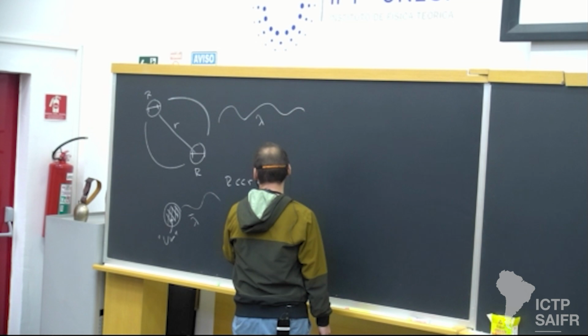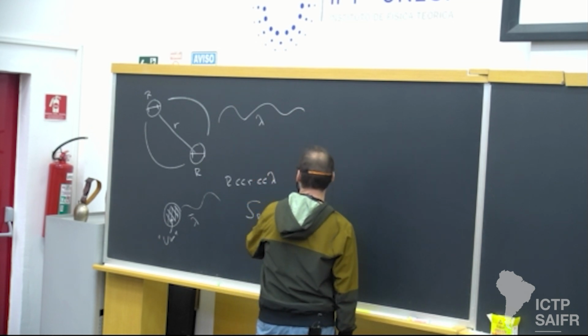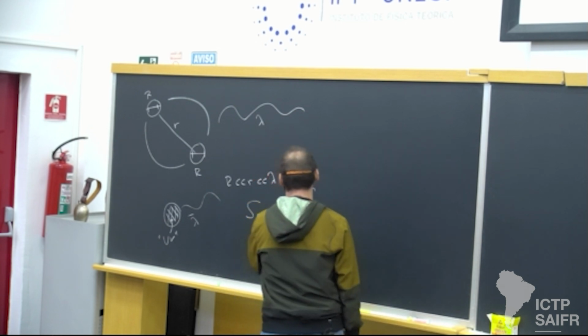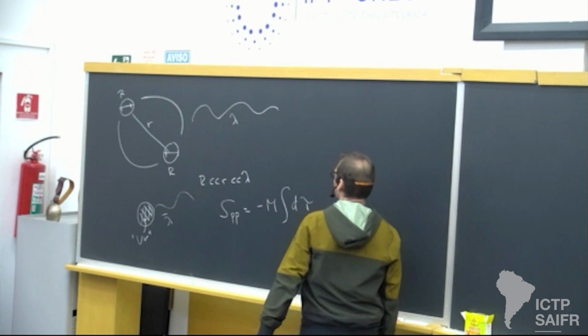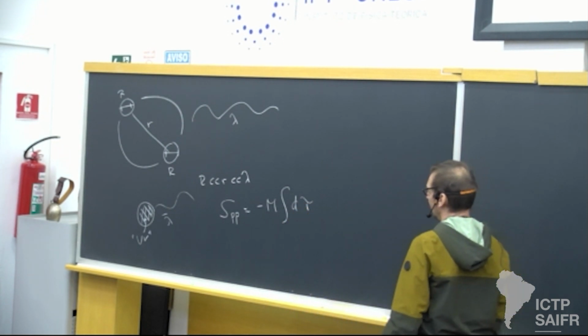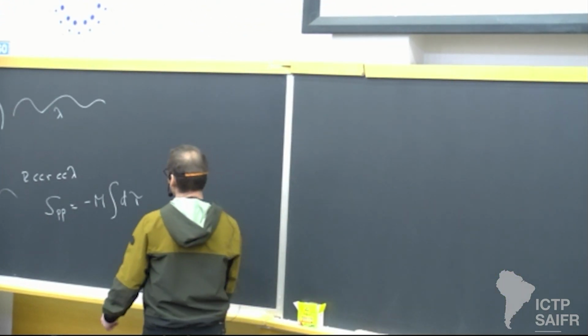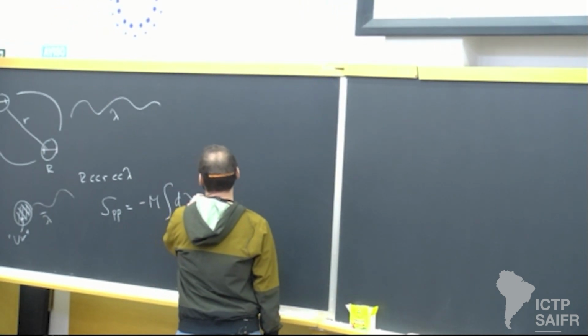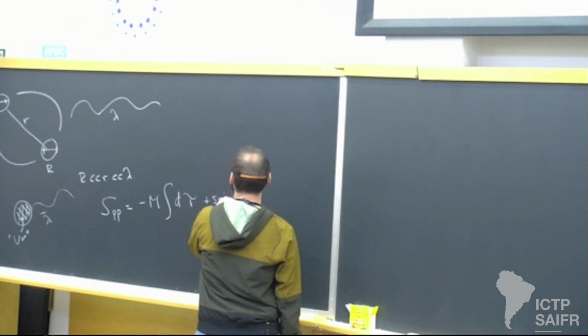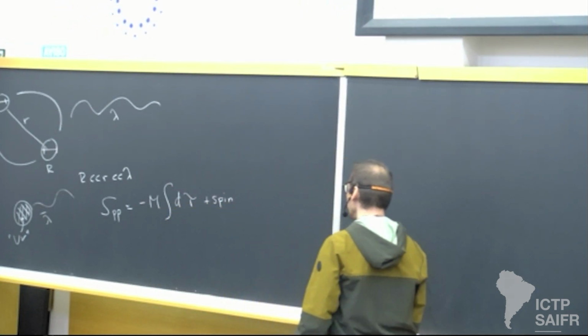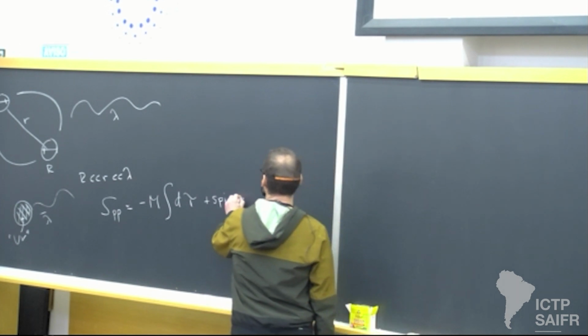So we constructed this point particle action, which has the usual mass, which also accounts for the binding, as we said. There's a spin part, which I'm not going to talk much about. And then we had these other terms.